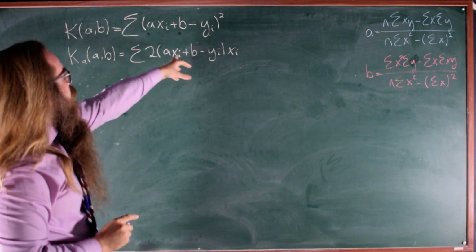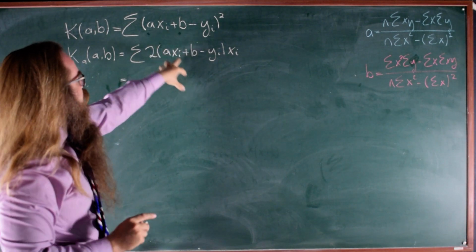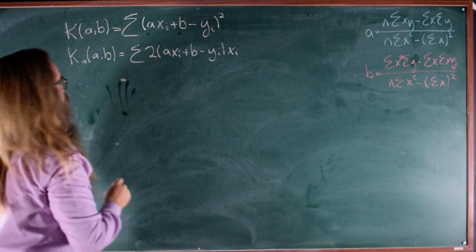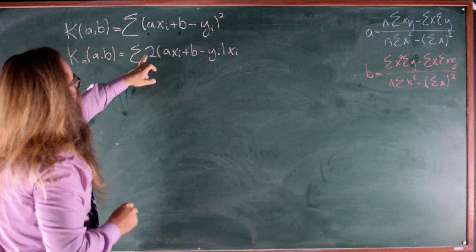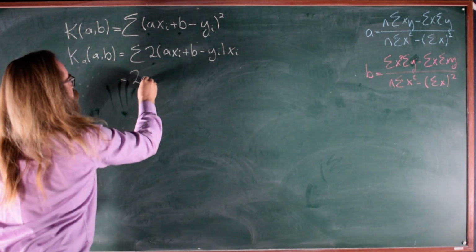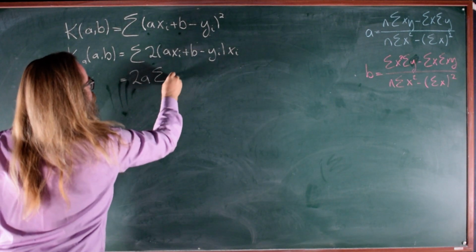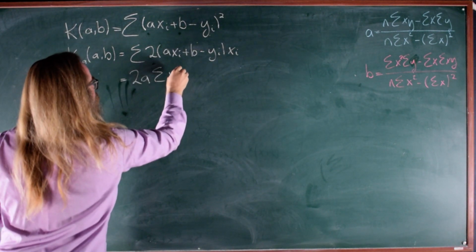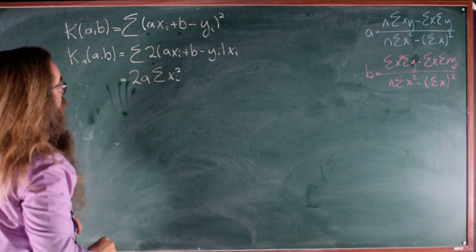We can expand this a little bit. We can multiply this 2 and this x into each of these terms, and then we can split up the sum here. So we're going to get 2a times the sum of the x times x, which is x squared.